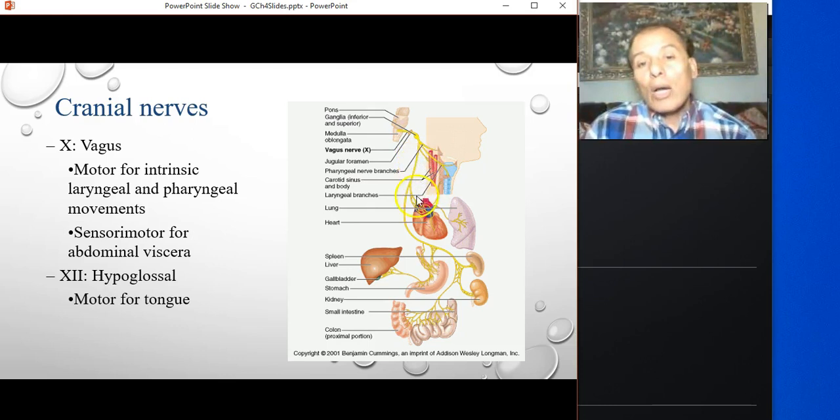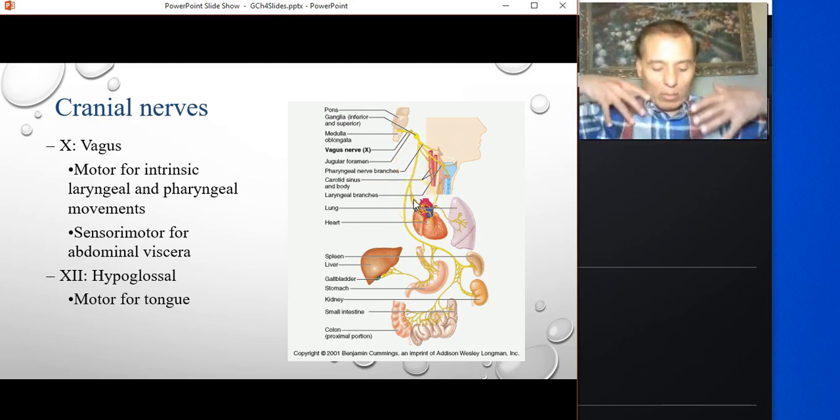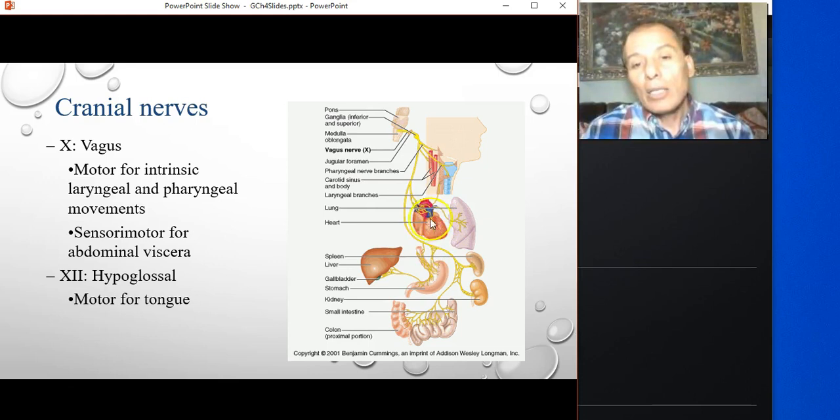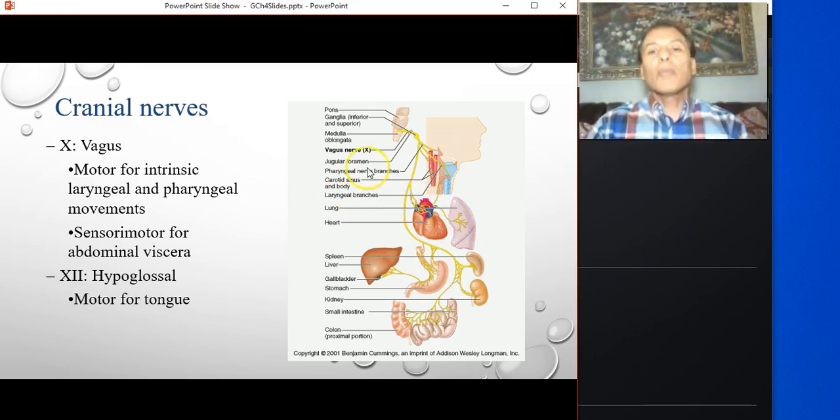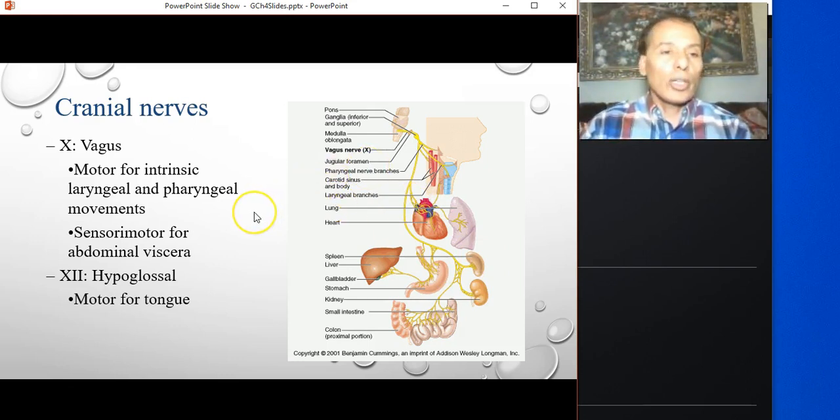And then it goes down into the trunk, and it innervates all the internal structures, even your diaphragm, your liver, stomach, intestines, kidneys, you name it, all of these areas. It's the biggest nerve. It's called the wandering nerve. Vagus means wandering.